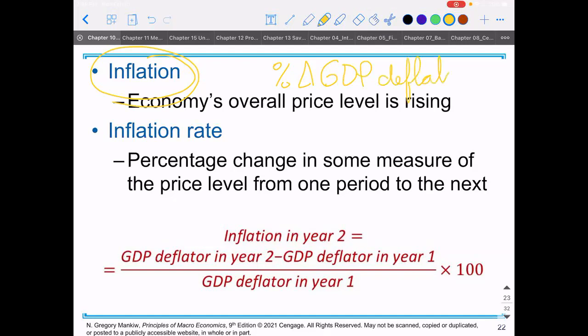It's essentially our percentage change in the GDP deflator numbers. The internet is really cool, because it has percentage change calculators on there that can tell you exactly those things.